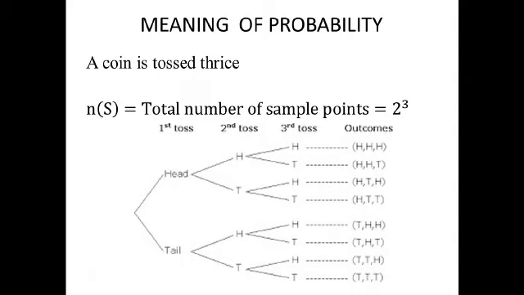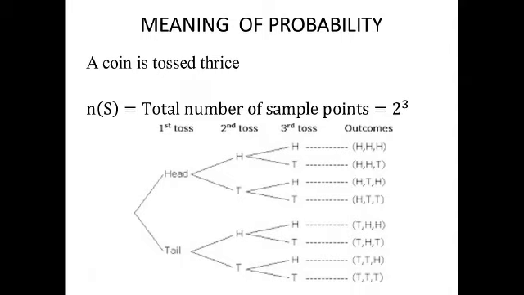Therefore, the total number of sample points in the sample space, n(S), is equal to 8, that is 2 cubed. Hence, if a coin is tossed 3 times, then n(S) is equal to 2 cubed.